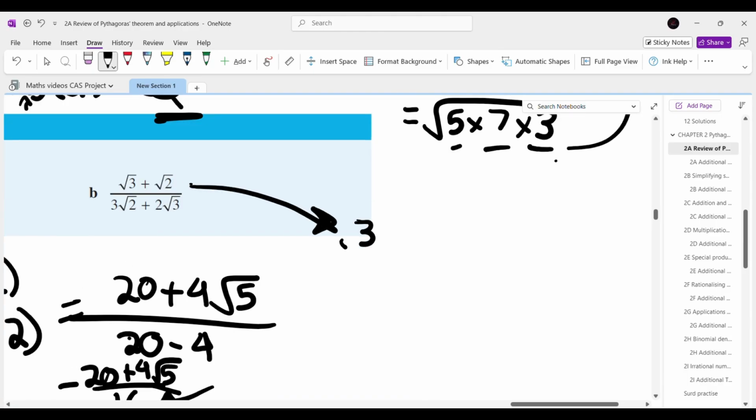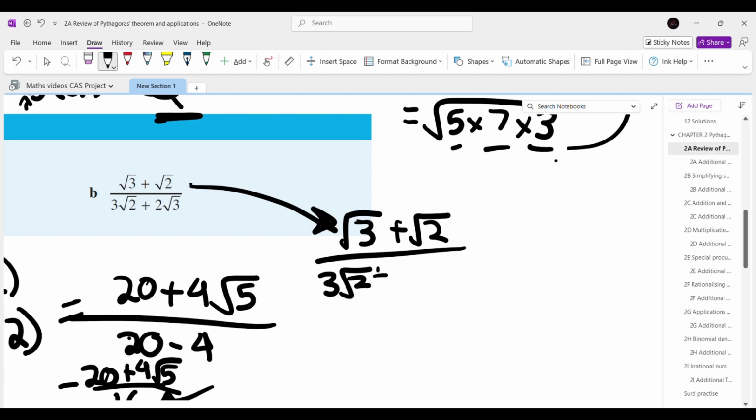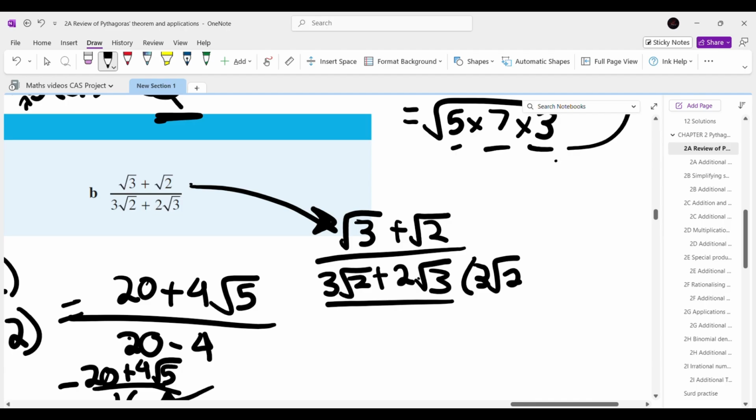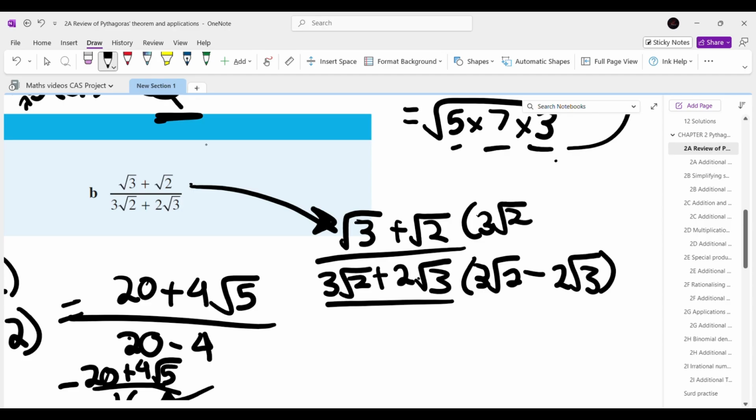We can practice some more over here with this one. Root 3 plus root 2 over. Obviously we have multiple different roots here, so in order to get rid of both of them, we just use the conjugate form. So root 3 minus root 2, and remember we're going to multiply to both sides.